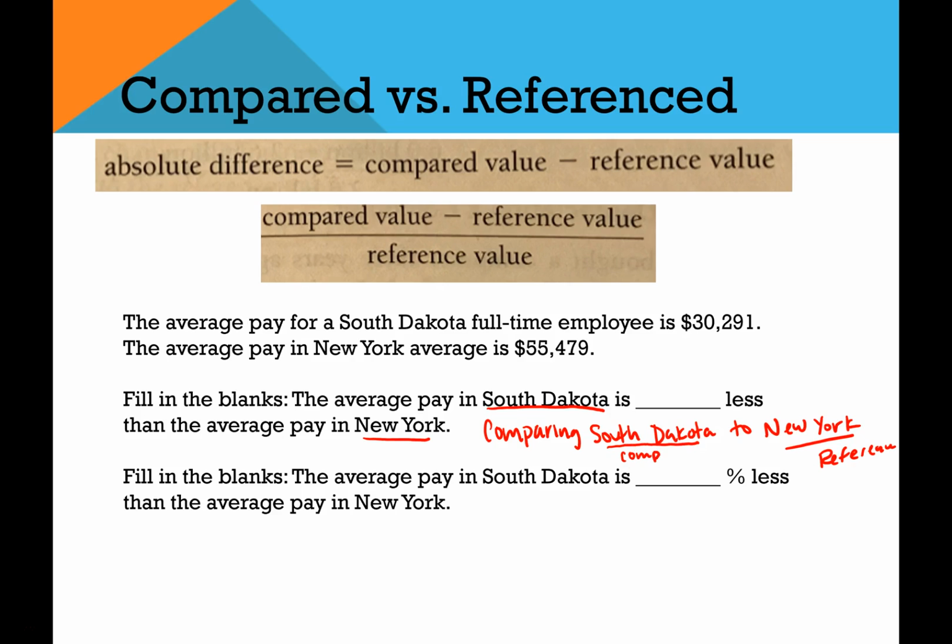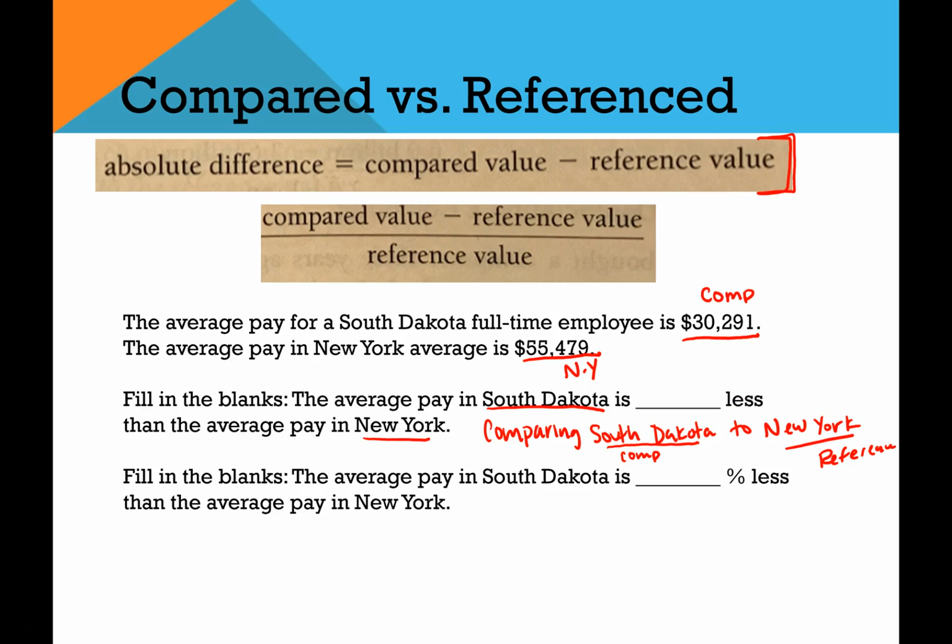Our compared value is going to be South Dakota, and we're referencing New York. We're going to plug that right into this formula. And because it doesn't say percent, I know I accidentally said that earlier, there's no percent here. We are talking about absolute difference, right?